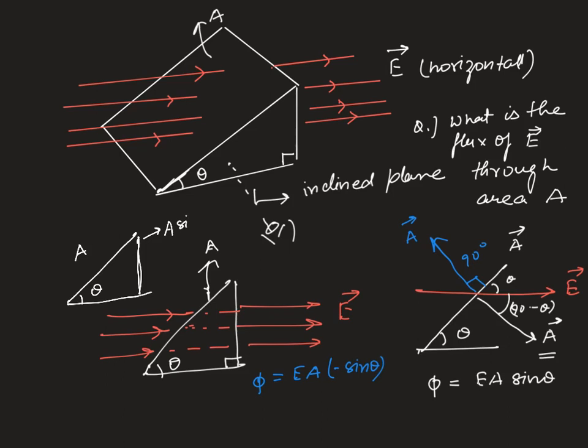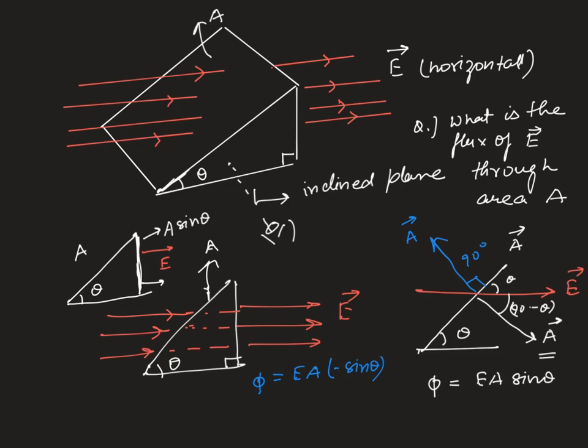And as you might have noticed, the field is in this direction, and the area vector of A sin theta would also be in this direction, because what do we know about area vectors? Area vectors are always perpendicular to the surface. So this is your surface, and the A sin theta area vector is going to be perpendicular to the surface. So we come back to the initial definition.